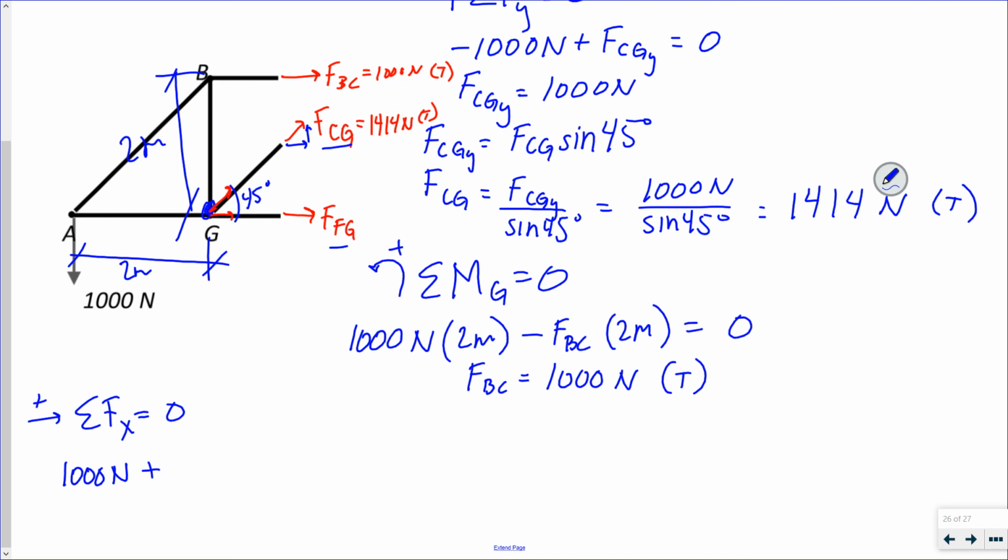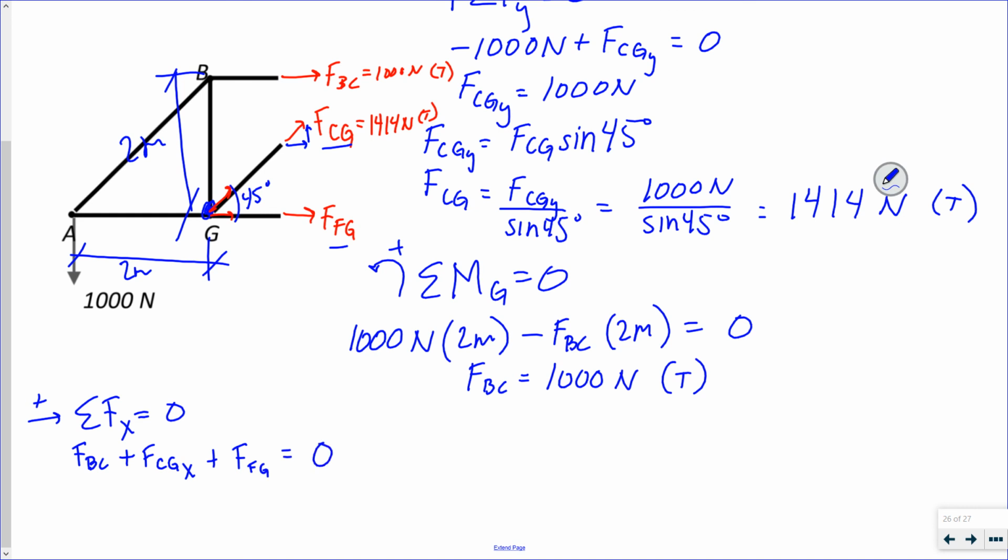Here, I'll write it: FBC, FCG in the x direction, the x component of the force in member CG, and FFG is 0.